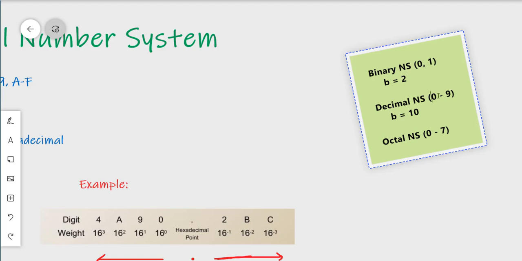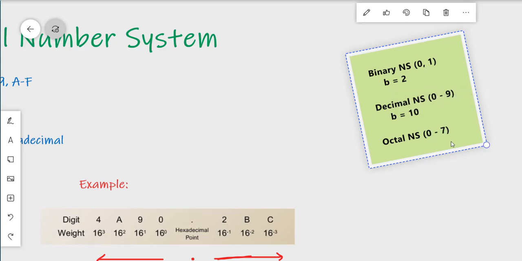It talks about only digits from 0 to 9. There are no other characters other than 0 to 9. Consider octal, which we have seen earlier. Octal talks about only symbols from 0 to 7, total 8.